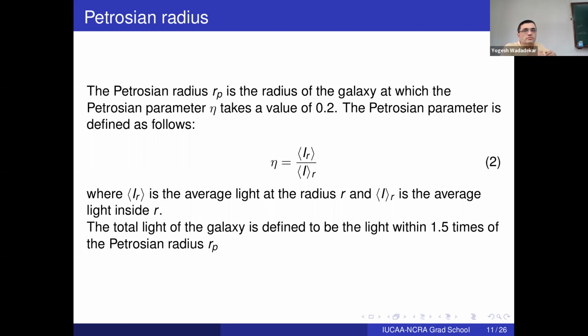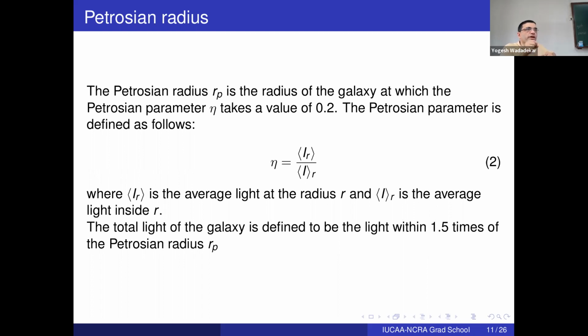So the Petrosian radius is the radius of the galaxy at which the Petrosian parameter eta takes a value of 0.2. And the Petrosian parameter is defined as follows. It's the ratio of the average light at the radius r to the average light inside r, the denominator being the average light inside r.